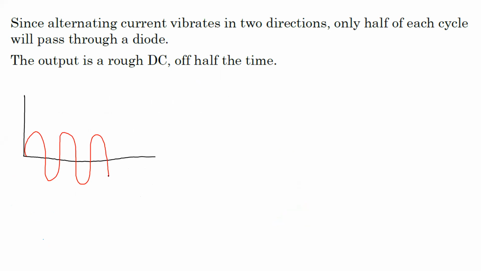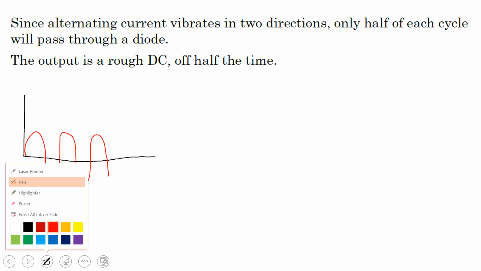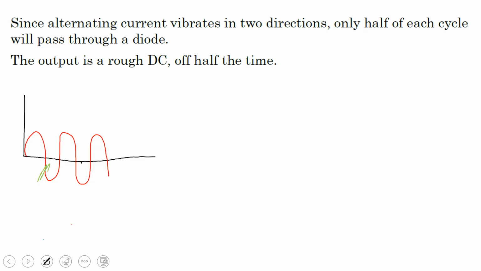But as I told you, the diode allows them to walk in one direction. So to allow them to walk in one direction, we will have a cycle. What does it mean? That means this part will not work now. It will be converted to be like this.